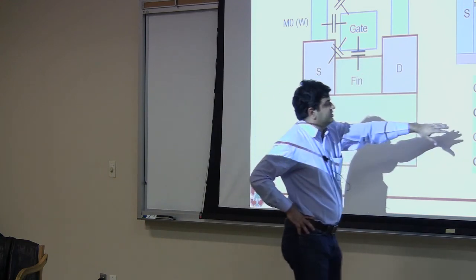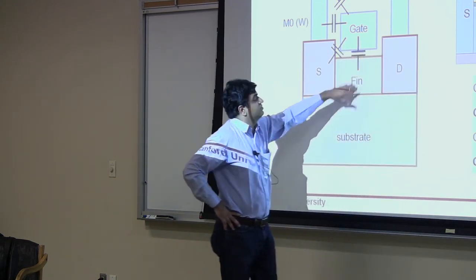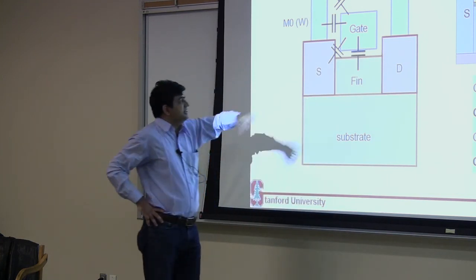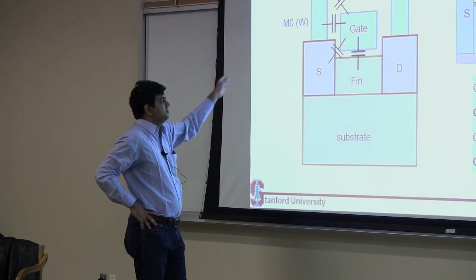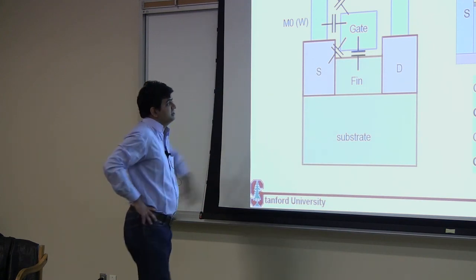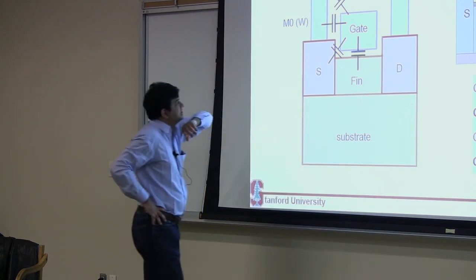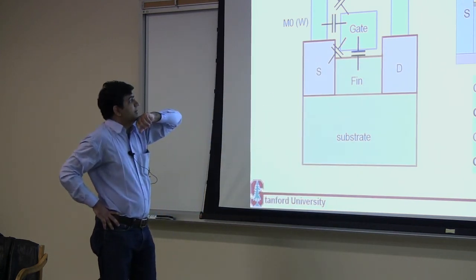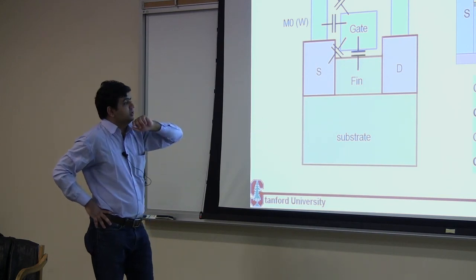This is showing a result where your gate to contact capacitance becomes even bigger than your gate to channel capacitance. These are bad for CMOS, but they are even worse if you're making analog circuits. These are essentially what contribute to your Miller capacitances, and it's just bad from a parasitics point of view.